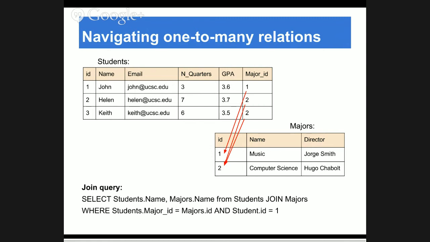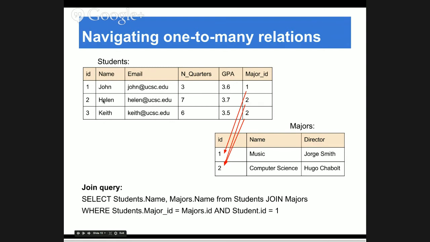Now, the beauty of relational databases is that you can do queries that traverse more than one table. And this is a way to do them. Suppose I want the whole data for the student that has a student ID of 1. I can say, select the student name, major name from students.